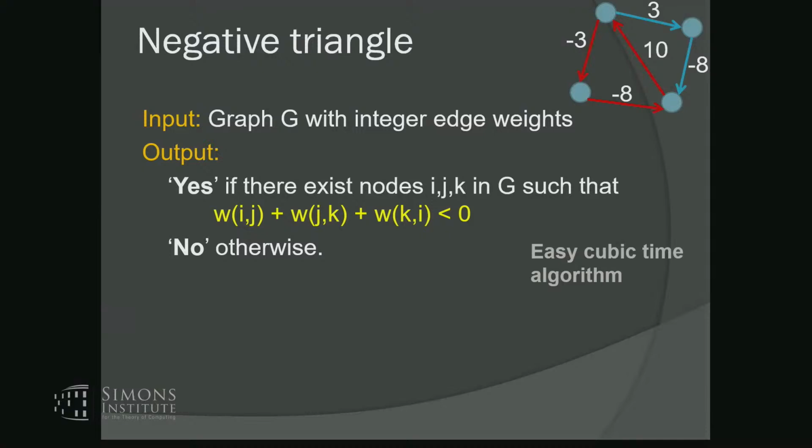So you add up all the edges in the triangle, is it negative? You can do a cubic time algorithm by trying all triples. And what we're showing here is that you can't do significantly better than this trivial algorithm if you assume the APSP hypothesis.